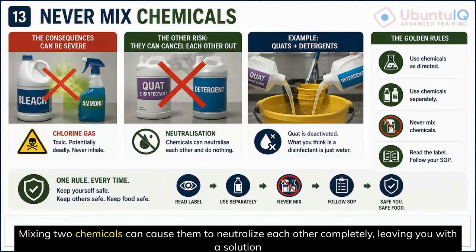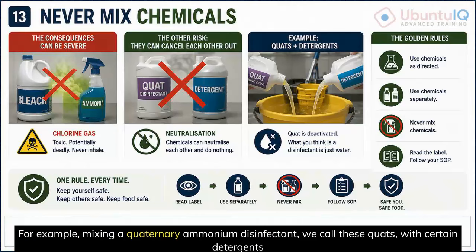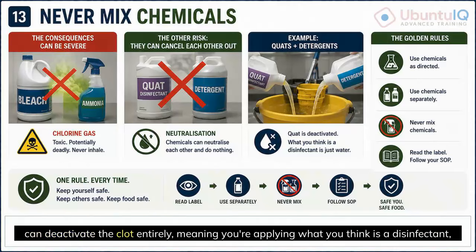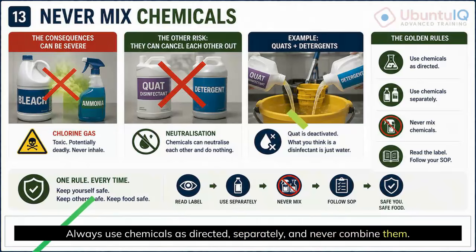Mixing two chemicals can cause them to neutralize each other completely, leaving you with a solution that does nothing. For example, mixing a quaternary ammonium disinfectant, we call these quats, with certain detergents can deactivate the quat entirely, meaning you're applying what you think is a disinfectant, but is actually just water. Always use chemicals as directed, separately, and never combine them.